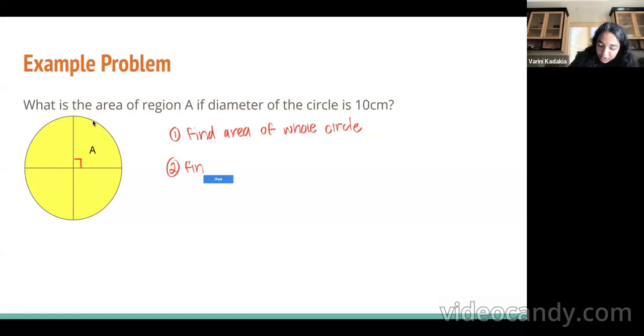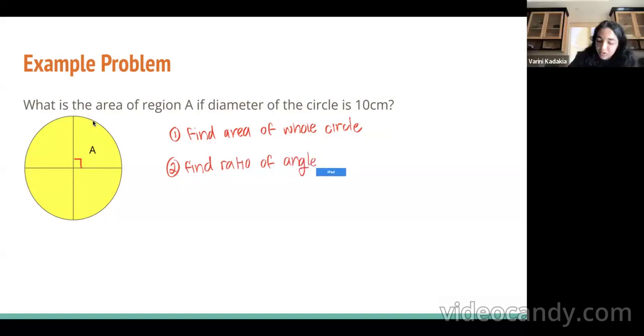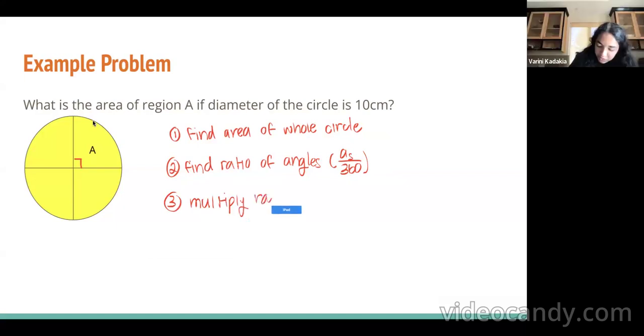Then find the ratio of angles, so that means the angle of the sector over 360. And then multiply the ratio times the area.